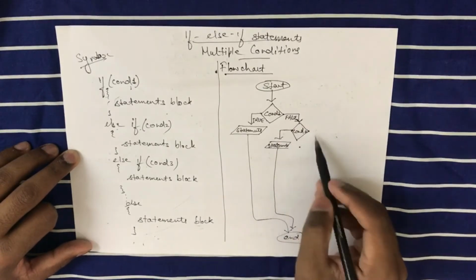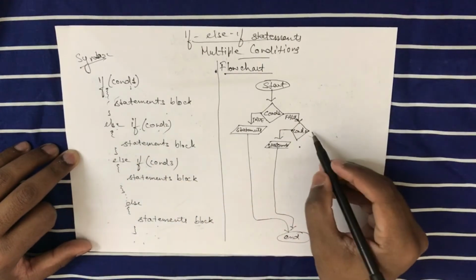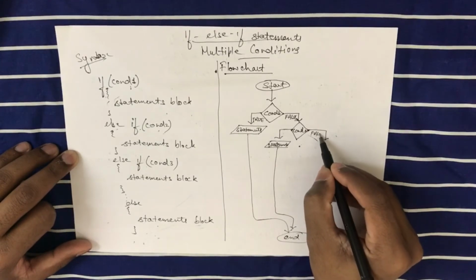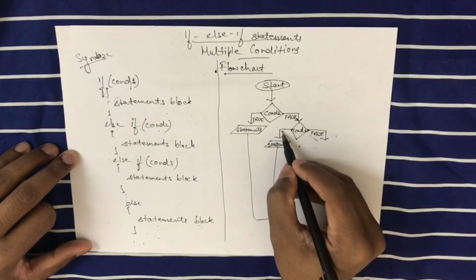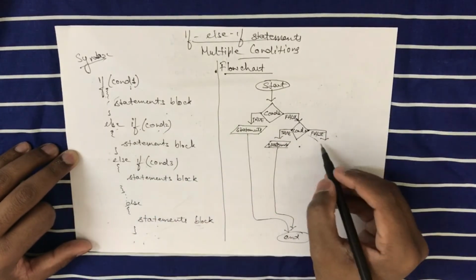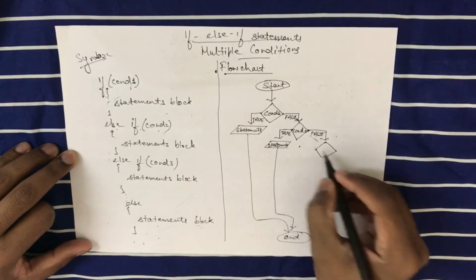Or suppose this condition also gets failed, it comes to the next condition, which is this condition number 3. I'll represent condition 3 with a rhombus.